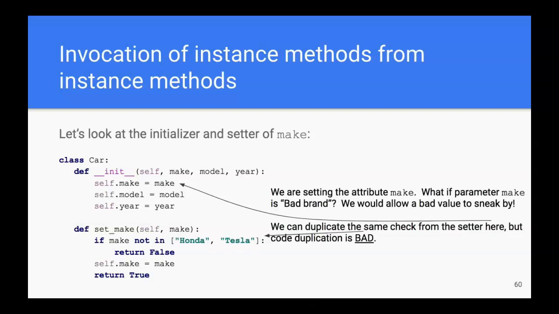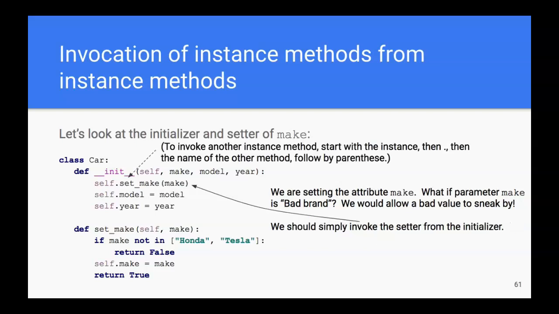But hopefully when I use the word copy or duplicate, it sets off yet another alarm, because code duplication is very, very bad. Okay, so if we don't want to duplicate code, what should we do? Think about it for a moment.